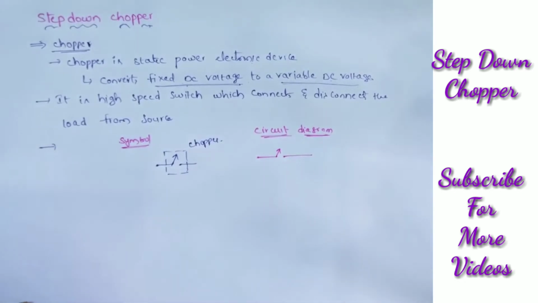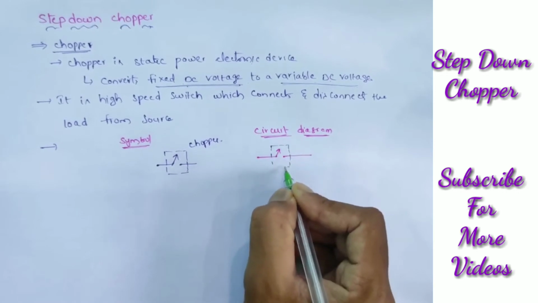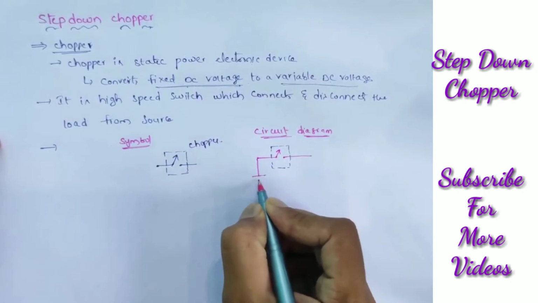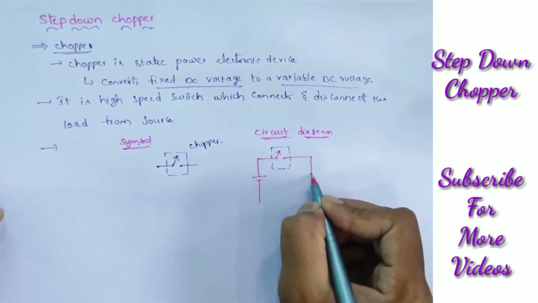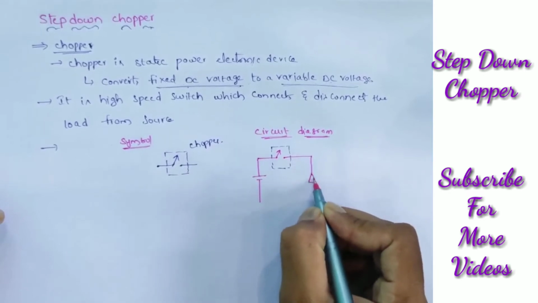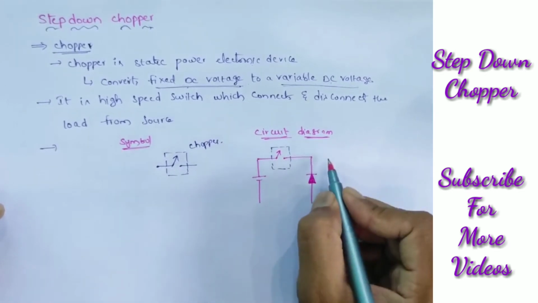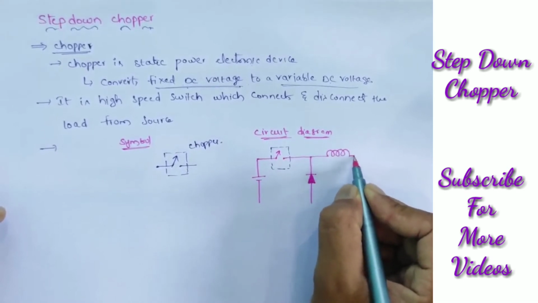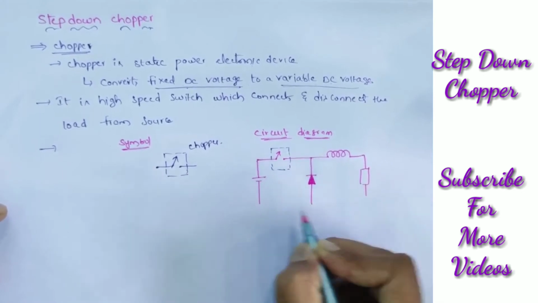At first, from the source side, there is a chopper. This is the source Vs. This is a DC supply only, and here we have the freewheeling diode. And then here we have the inductor, then here the load.